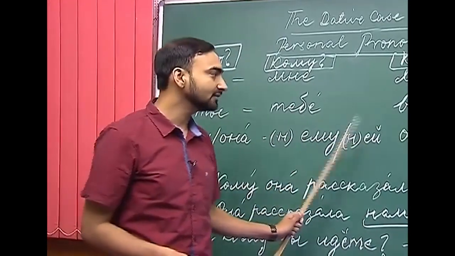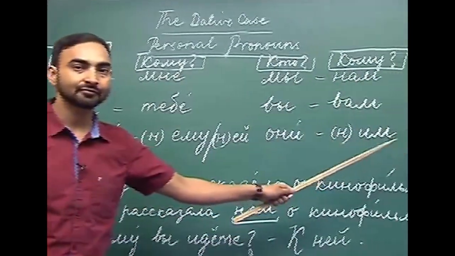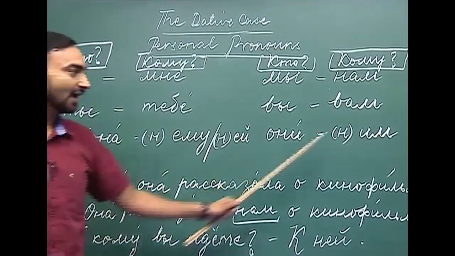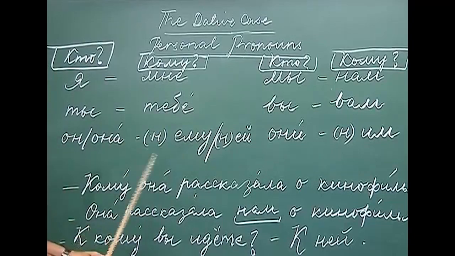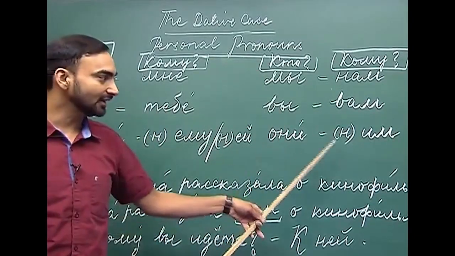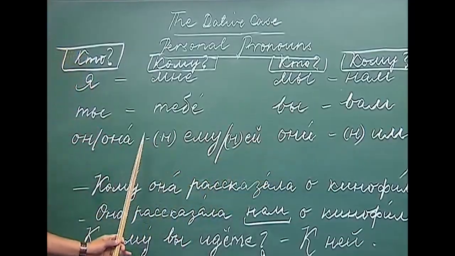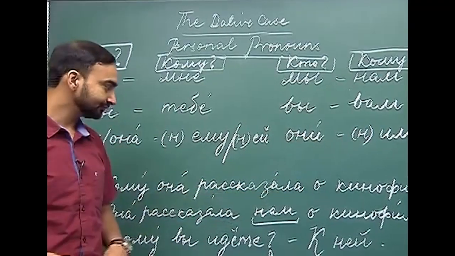Similarly, kniei, knim. So, instead of using imu, yei, im, we will use nimu, niei and nim. That is why I have written the additional consonant n within brackets.